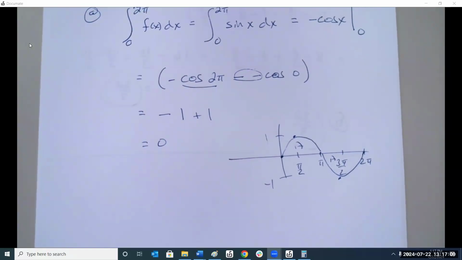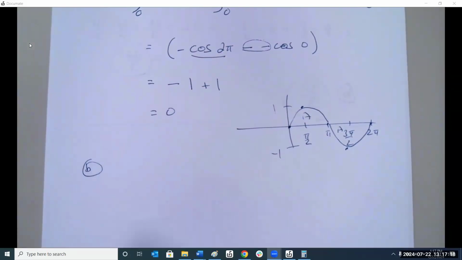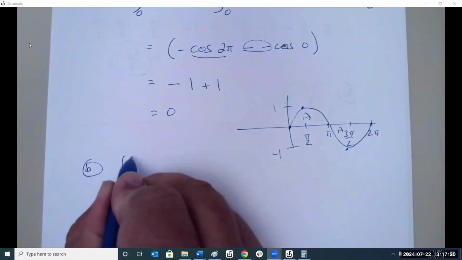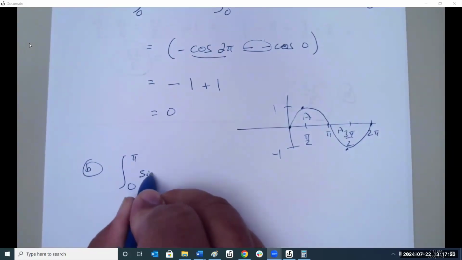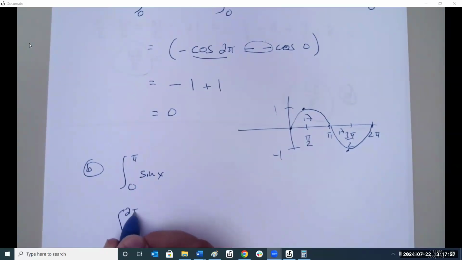So what do we do? Balance from here, find that. So we do it from 0 to pi, and then just from pi to 2 pi. Very good.